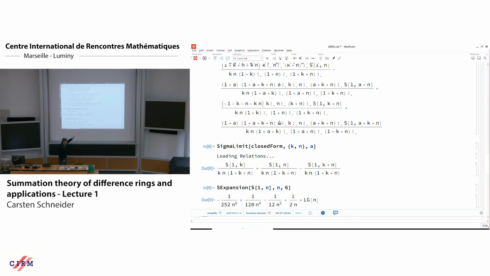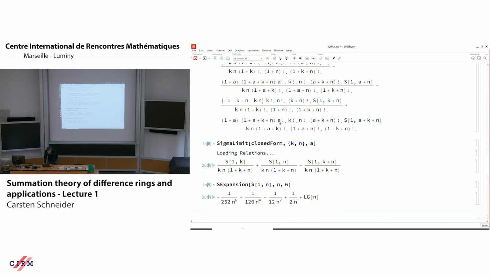Note that lg of n is my log function, which means this is log of n plus Euler's gamma constant. I don't want the Euler gamma constant to pop up all the time, and therefore we have encoded it by my log. This is log of n plus Euler's gamma constant. And plugging in this expansion into the concrete calculations will allow us then to compute the limit completely automatically and rigorously.